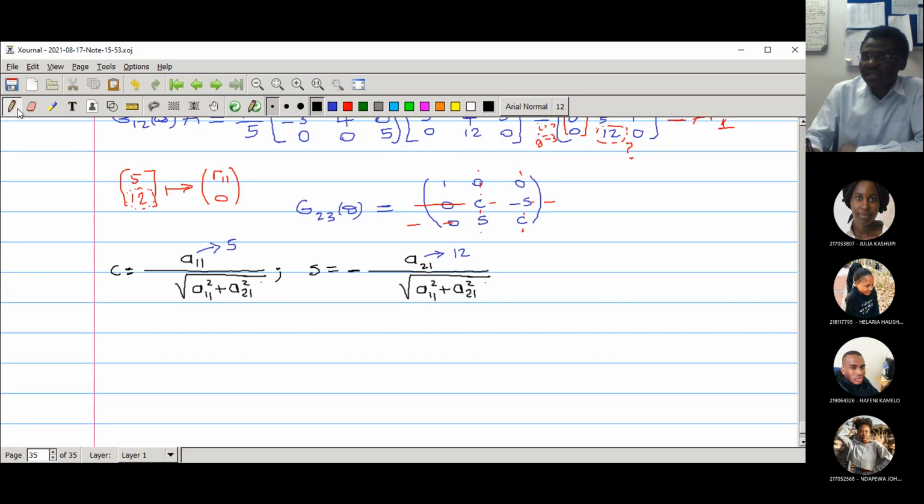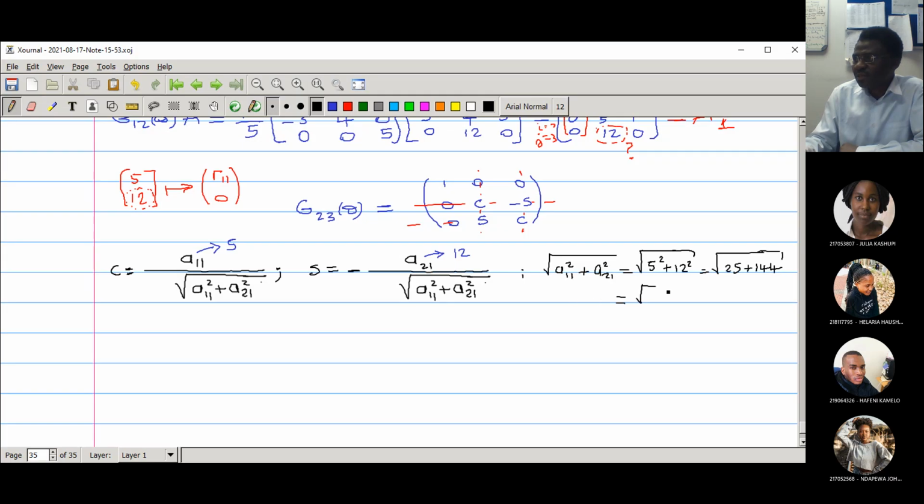We compute that square root. So square root of A11 squared plus A21 squared will be square root of 5 squared plus 12 squared, which is square root of 25 plus 144, right?